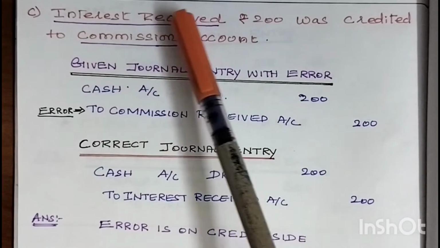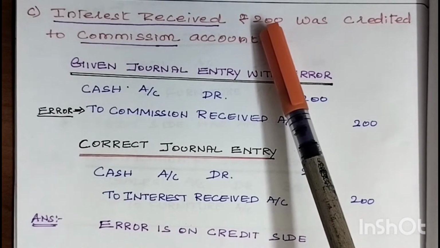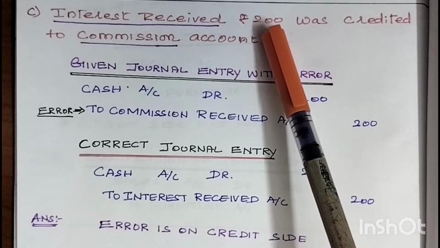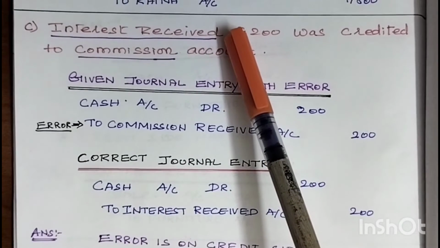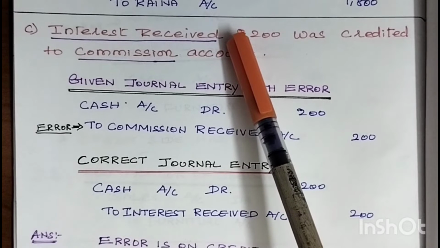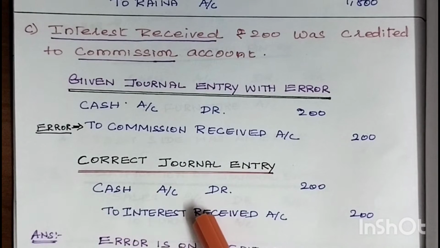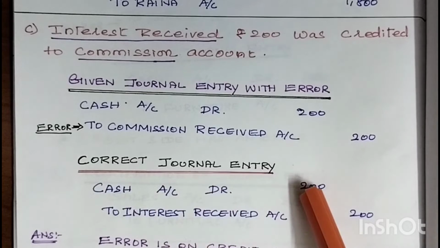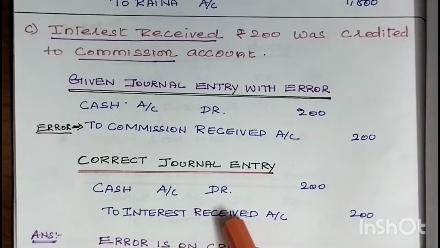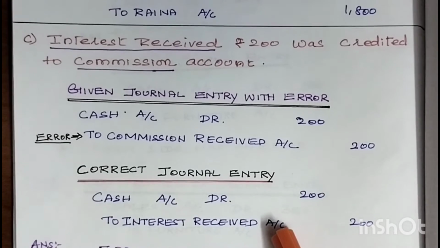Listen, interest received 200 rupees. Okay. So whenever you received interest, cash comes into your business. Interest received means income received in your business. Okay. So your cash account increased. Whenever your cash account increases, you debited the cash account in the name of interest received.